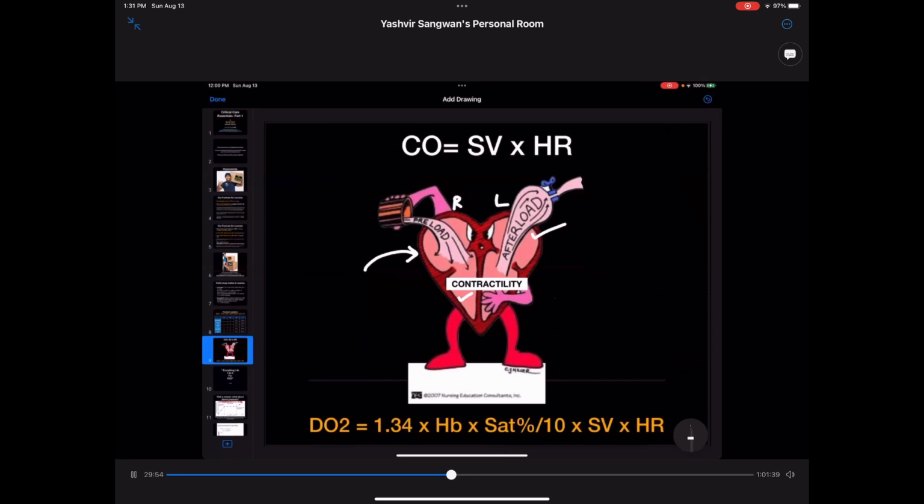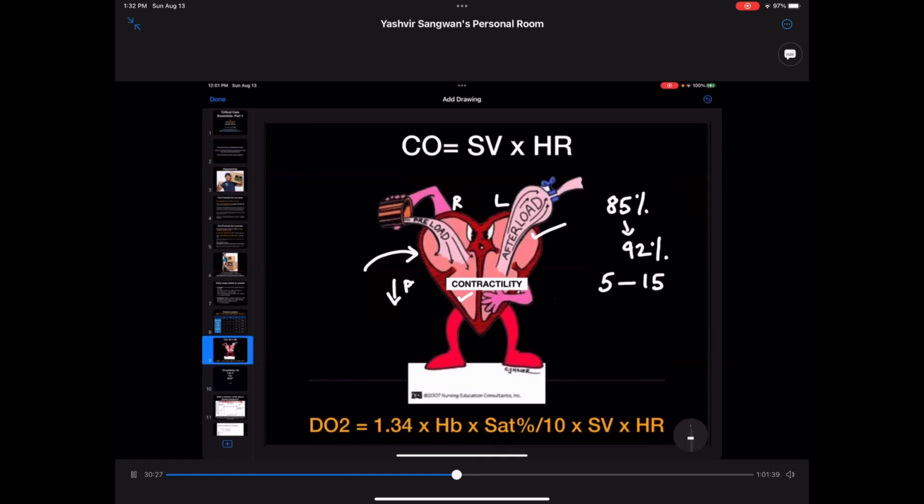Now, for example, in order to increase the saturation from 85%, which is terrible, to 92%, which is awesome for a sick patient, if you increase the PEEP from 5 to 15, what might be happening is that because of that increase in PEEP, the venous return from the body into the thorax and the right heart might decrease.